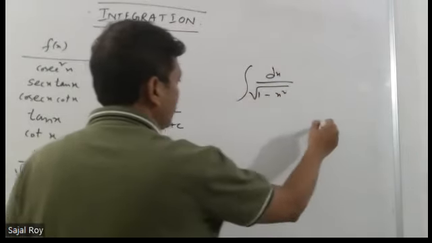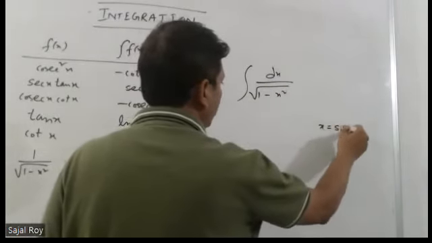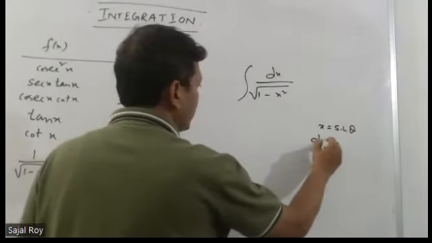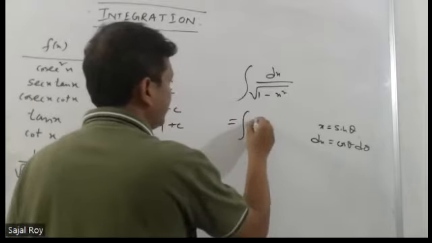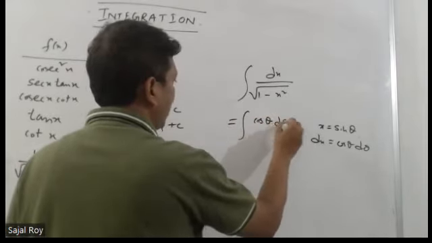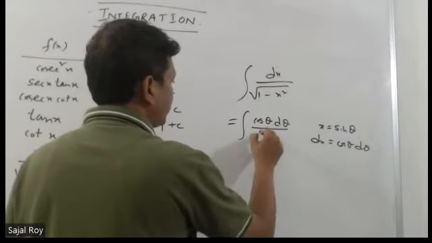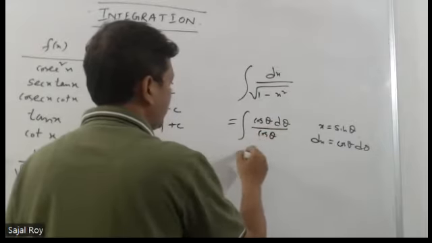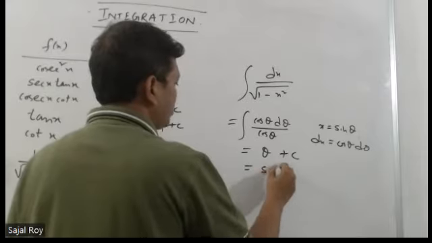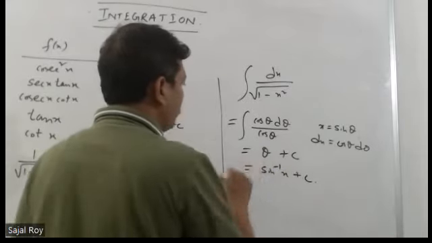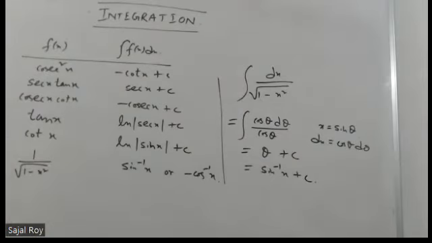1 minus x squared. So let us substitute x equal to sin theta. So dx is equal to cos theta d theta, right? So that is cos theta d theta over 1 minus sin square, which is cos square theta. So that's integral of one, which is theta plus c. And theta is nothing but sin inverse x plus c. Already you have knowledge of inverse trigonometric functions.